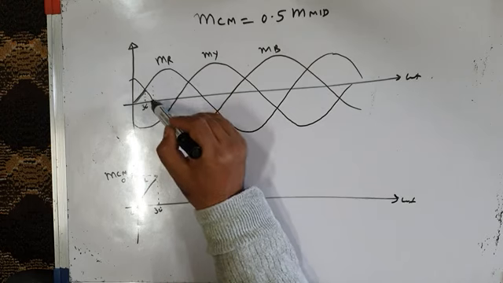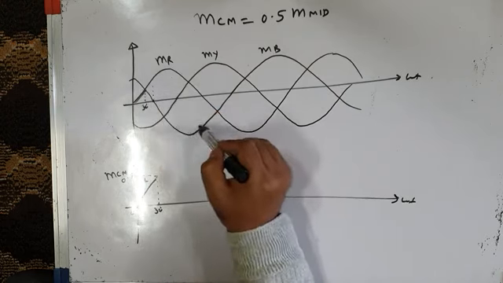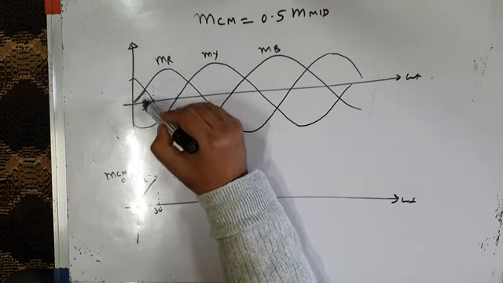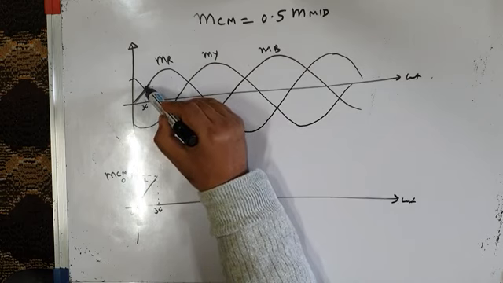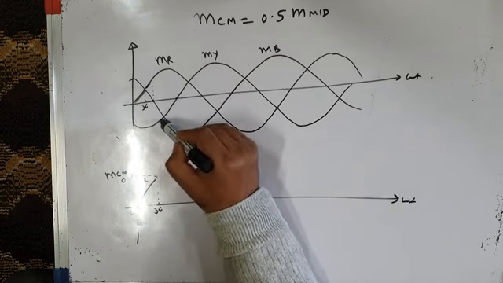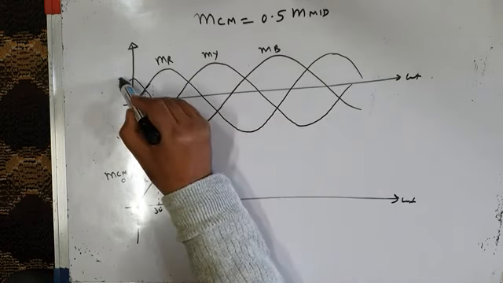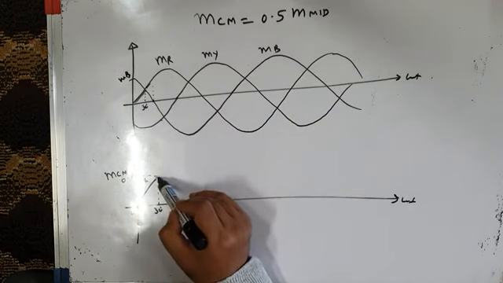Look from here to here. This waveform is M mid. MB is M mid. I repeat, from 30 degrees to 60 degrees, MR is M max, MY is M min, and MB is M mid. This goes up to 60 degrees.